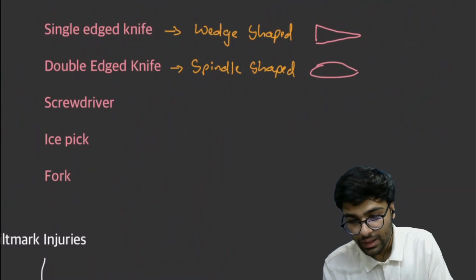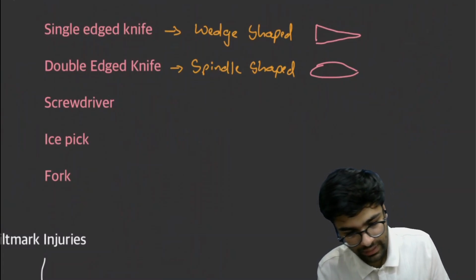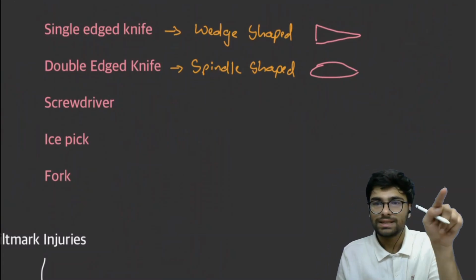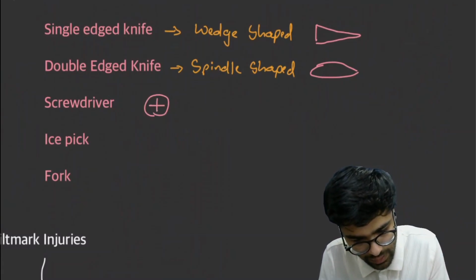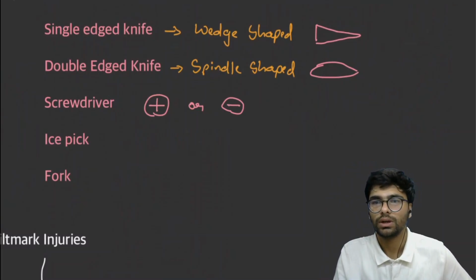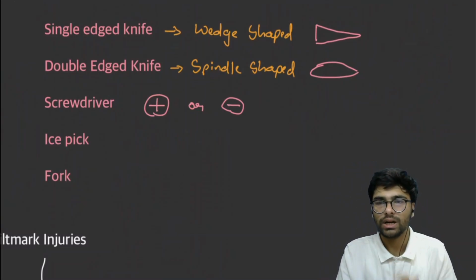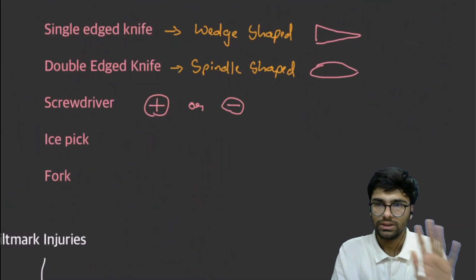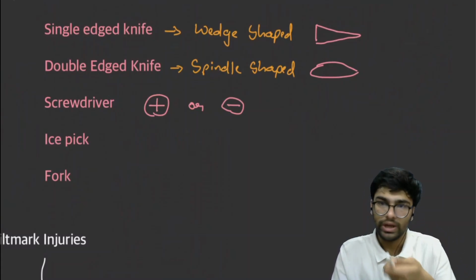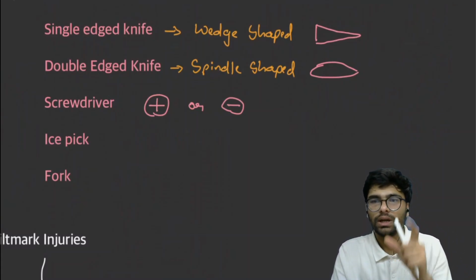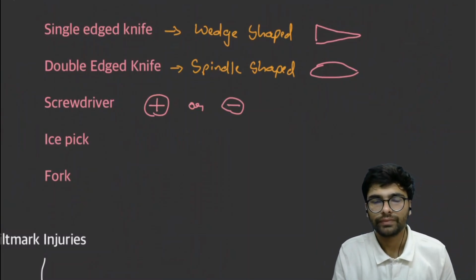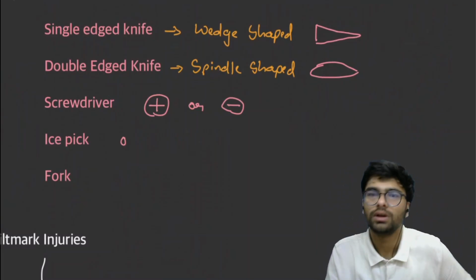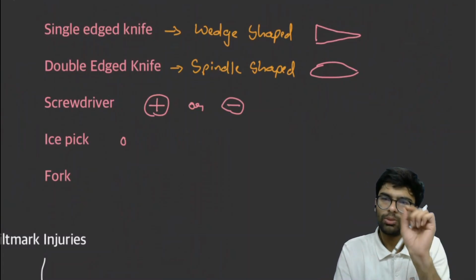Screwdriver. The most common types of screwdriver are the plus sign and minus sign. So you can remember this as like this or like this. Okay, circle will not be considered, plus or minus. So these are the shapes when a screwdriver is penetrated. Ice pick, the weapon used to break big cubes of ice, will have a circle, like a small point.